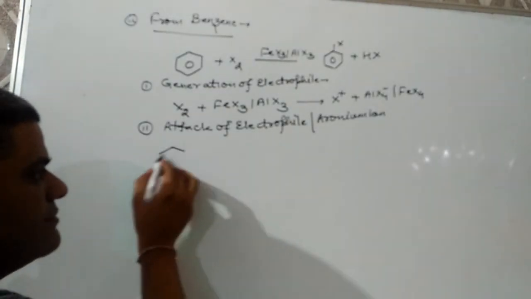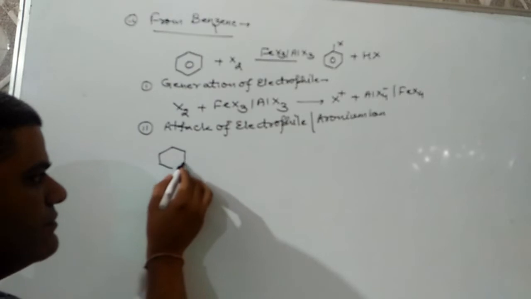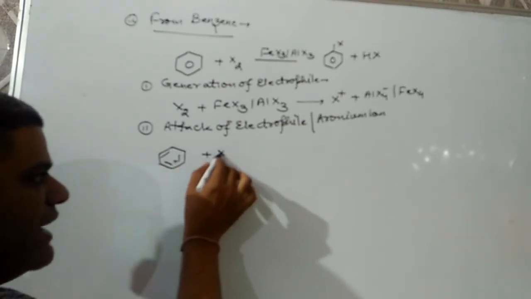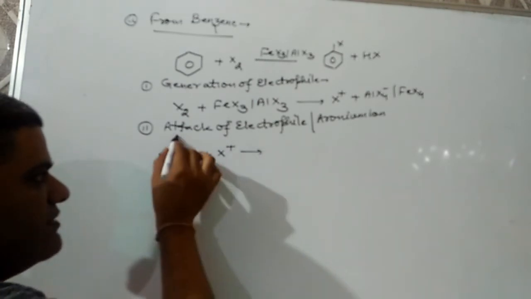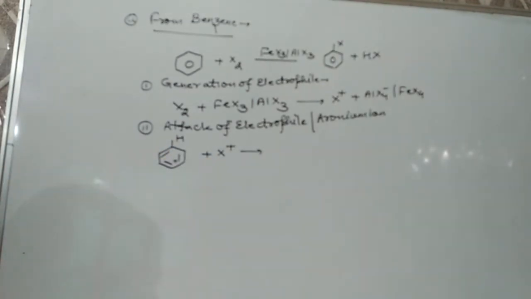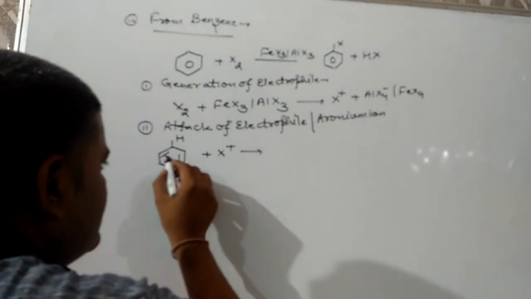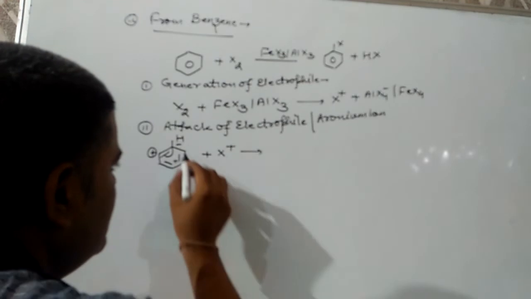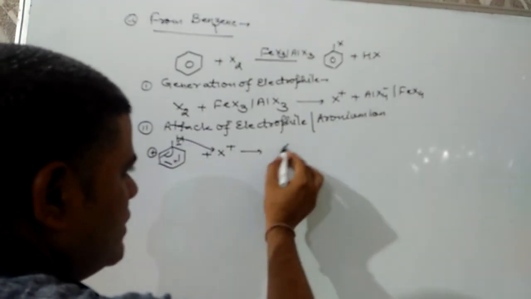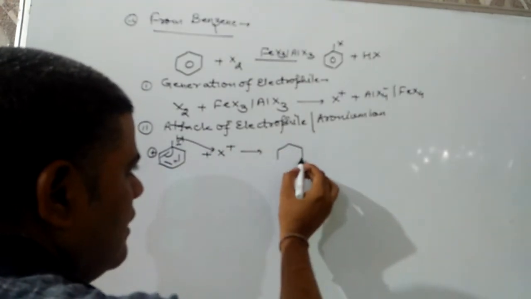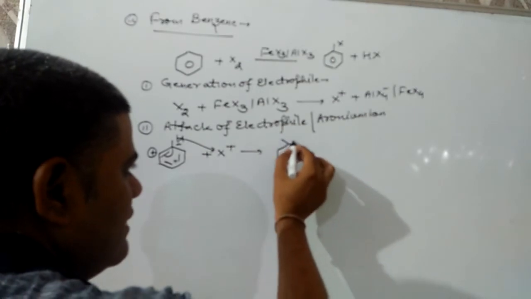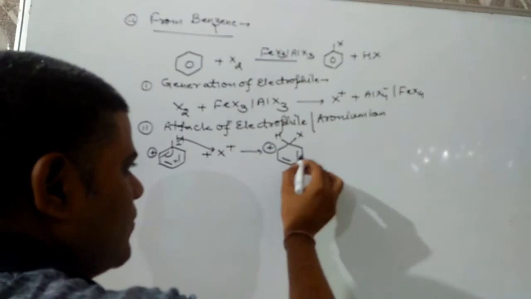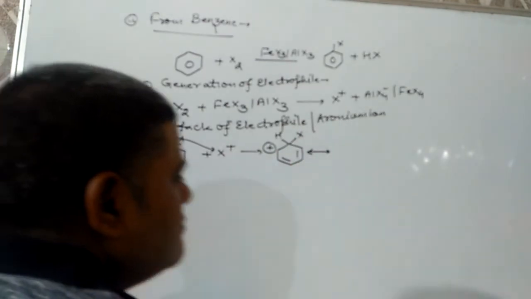In this case, the X positive ion attacks the benzene ring or its derivative, due to which the electromeric effect takes place, and one carbon has negative and one carbon has positive charge. So the negative charge will attach with X positive, due to which we will get a carbocation, and that carbocation can show resonance to form the arenium ion.